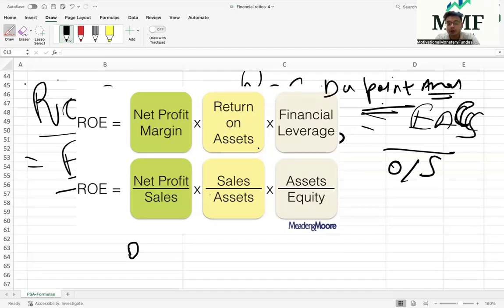In DuPont analysis, we are trying to break down ROE into different segments. So if they ask you directly, please simplify or break down ROE for us into different components, correct? There the person tends to get confused. So here we need to understand how ROE is derived, and how all these three factors impact your ROE. That is very important to understand: what affects ROE, correct?